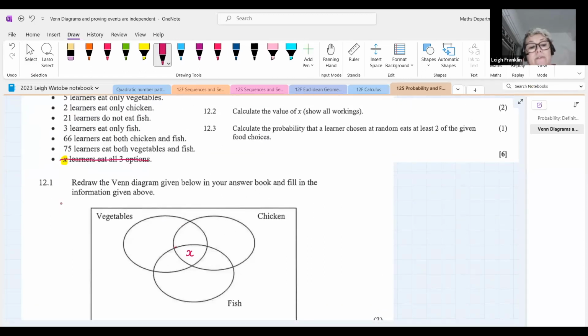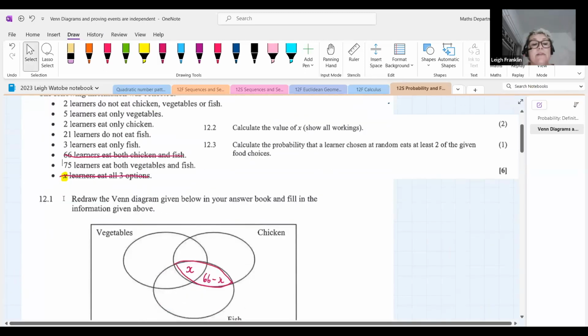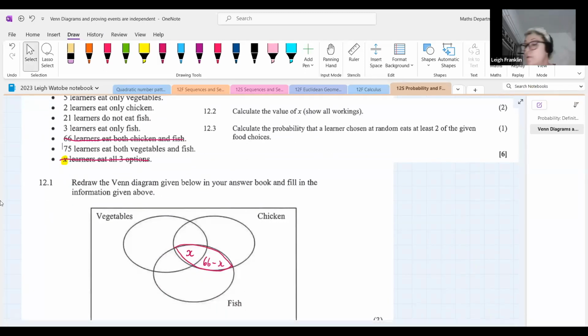So chicken and fish is this bit over here. So chicken and fish only is going to be 66 minus X. Does that make sense to everybody? Is everybody clear on why I've written 66 minus X there?